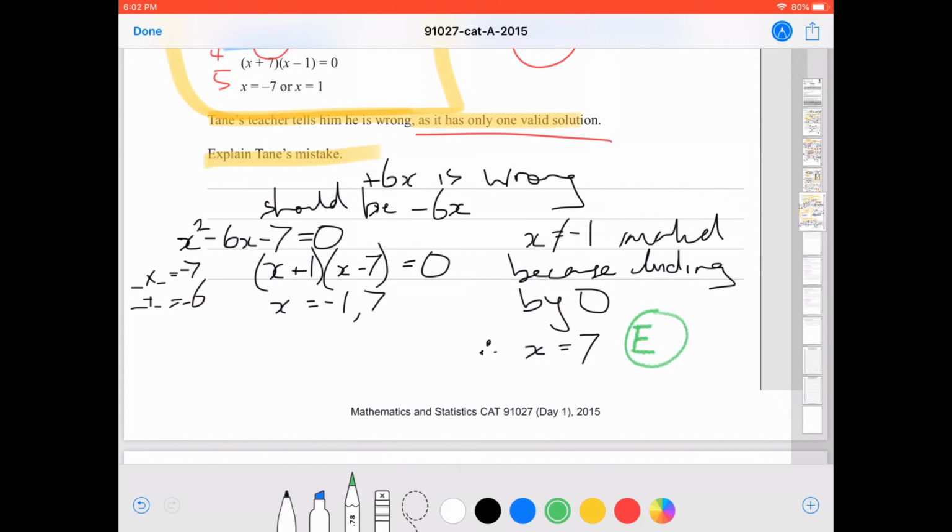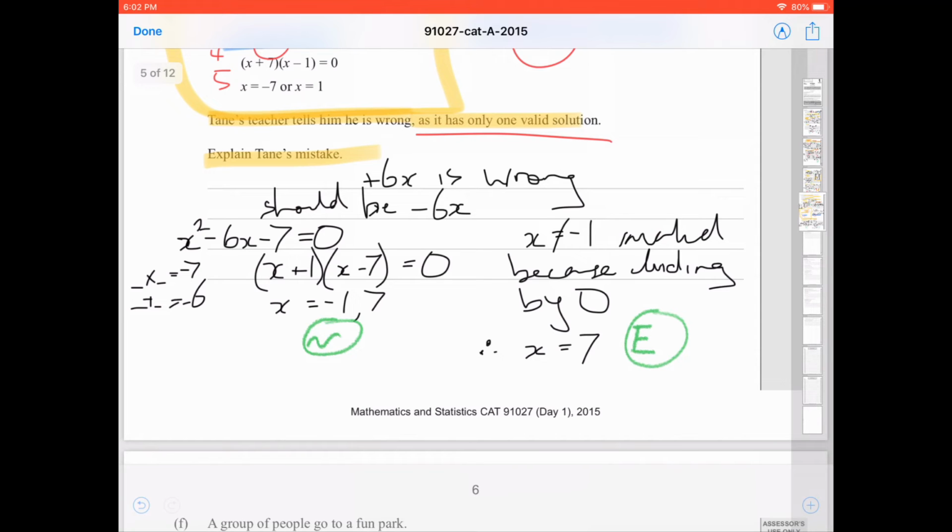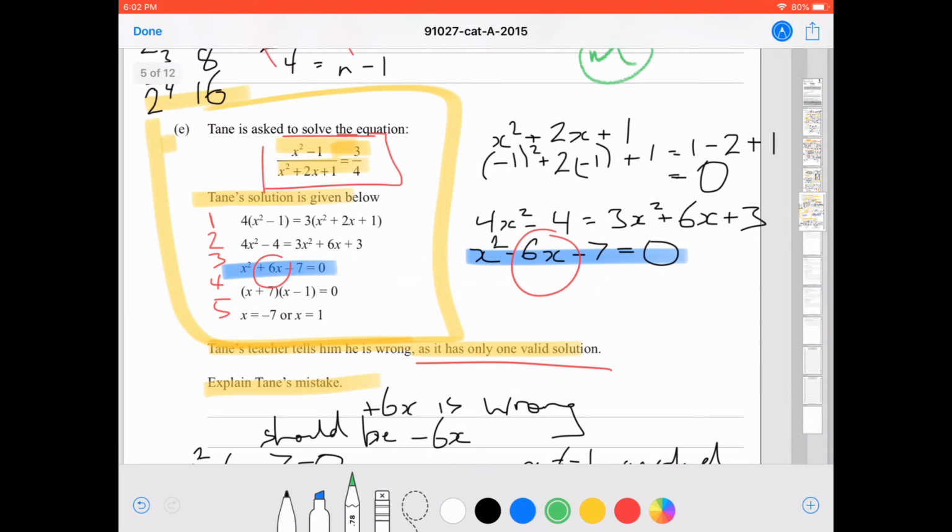Your merit is correct factorizing and solving, giving two solutions, so x equals negative 1 and 7. Getting up to that stage gets you a merit, or substituting the given solutions and finding one of them does not work. So again, you can get a merit from our sort of discussion up here around the negative 1 would also get a merit.